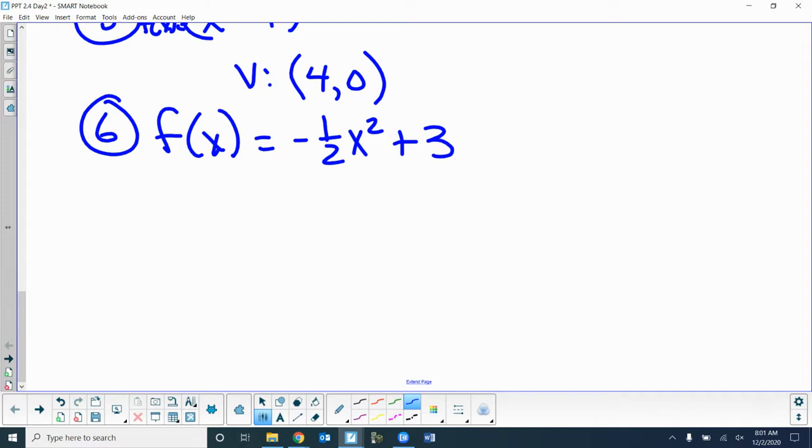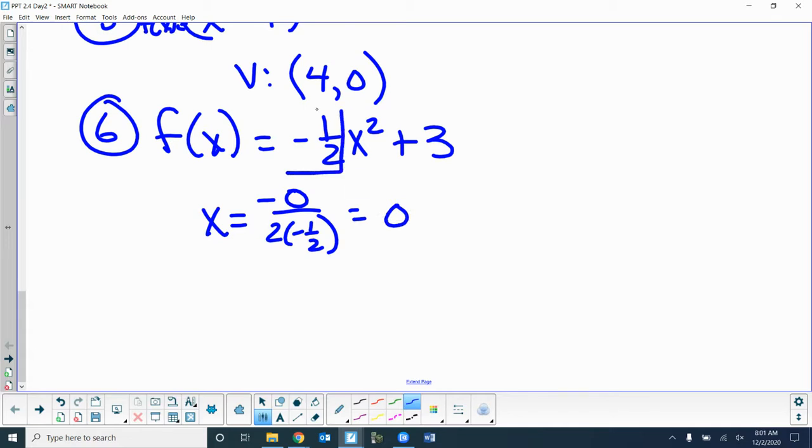So what you could do is go x equals negative b over 2a. What's b for this one? 0, good. Does it matter what 2a is if there's a 0 up top? Oh, it's going to be 0, right?